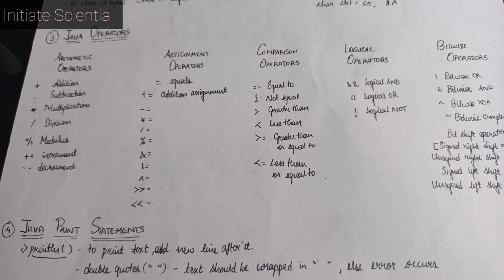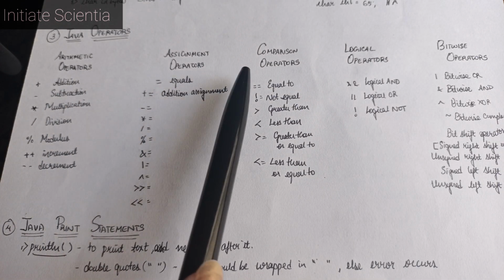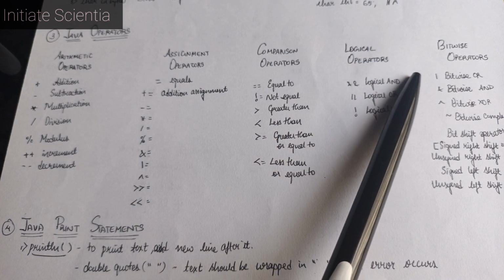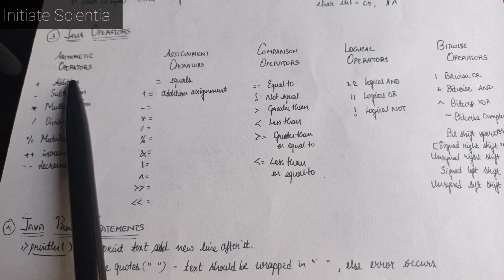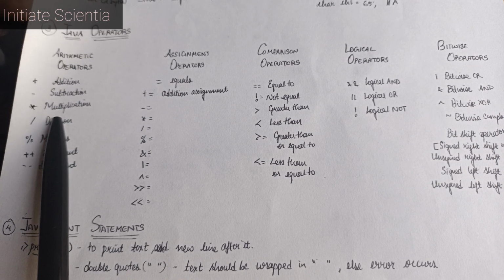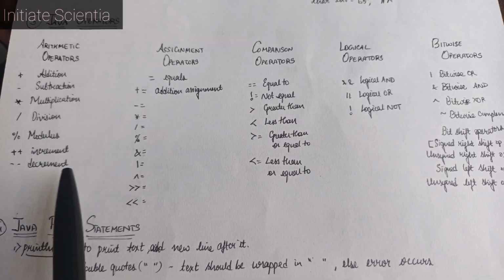Next, Java operators. We have arithmetic operators, assignment operators, comparison operators, logical operators, bitwise operators. In arithmetic operators, we have addition, subtraction, multiplication, division, modulus, increment, decrement.